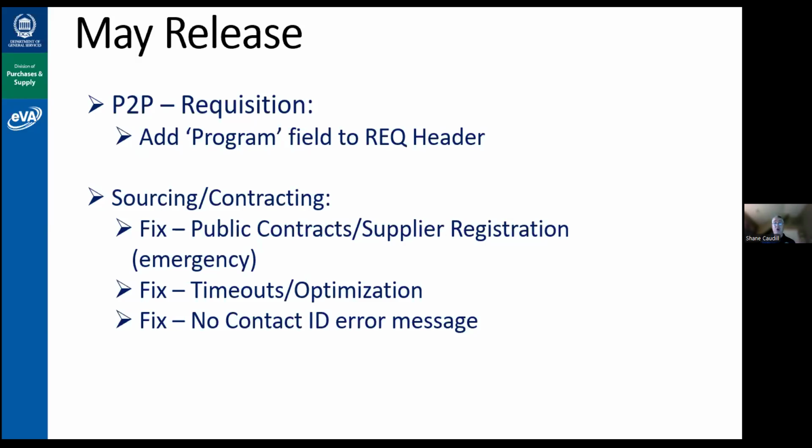I'm really excited for those to come in. And again, the public contracts and the supplier fix is coming in as an emergency, and we'll hopefully get that sometime this week. I'm even hoping for today. So get that knocked out and out of the way.